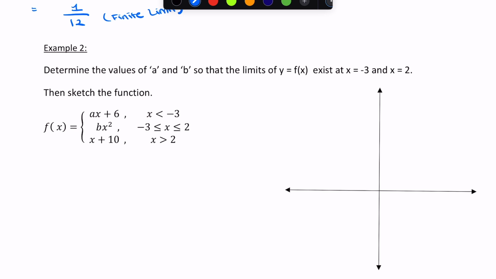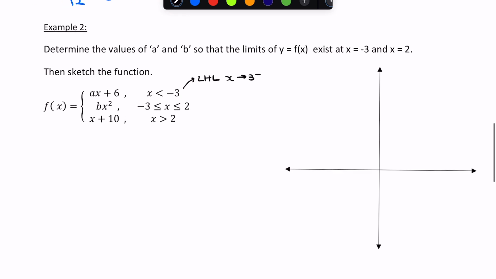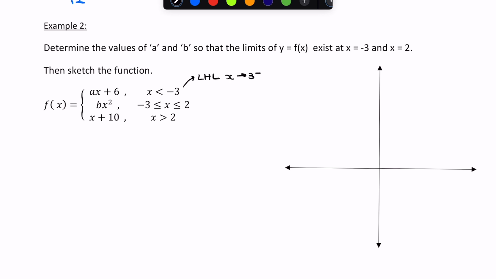Okay, so let's look at here. Again, x is less than -3, which means that our left-hand limit is as x approaches -3 from the negative side. Here at -3, we have a right-hand limit as x approaches -3 from the right.